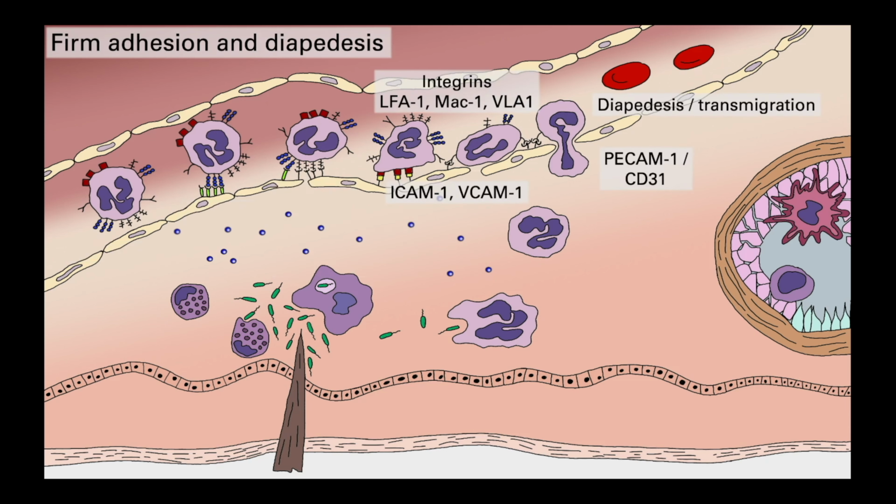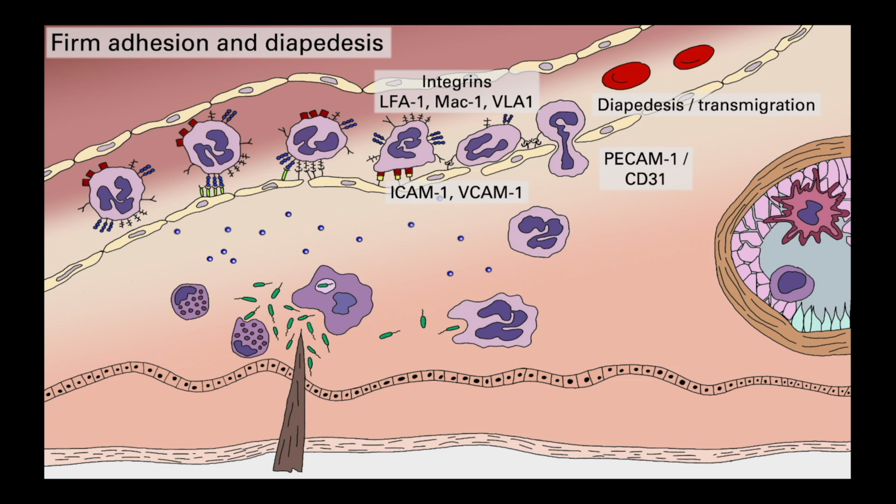A combination of this rolling action and chemokines acting on the leukocytes convert another family of receptors on the surface of the leukocyte called integrins, which include LFA-1, Mac-1, and VLA-1, from a low to a high affinity state. And once this happens, the integrins can bind to their ligands on the endothelial cells, which include ICAM-1 and VCAM-1, which are intercellular and vascular cell adhesion molecule 1.